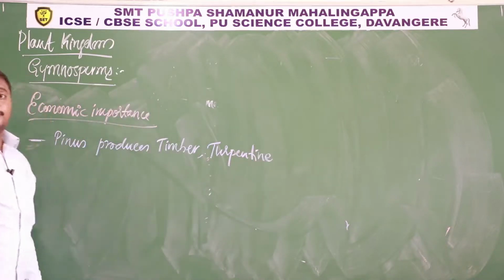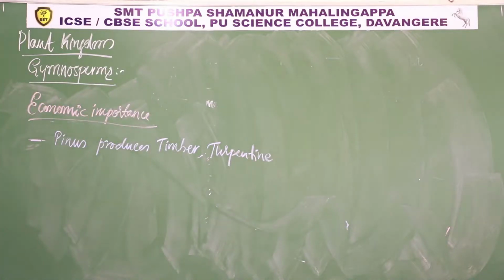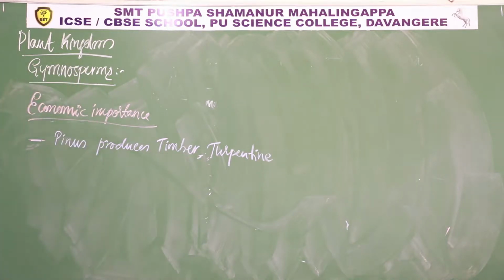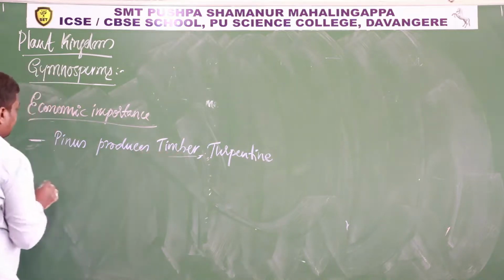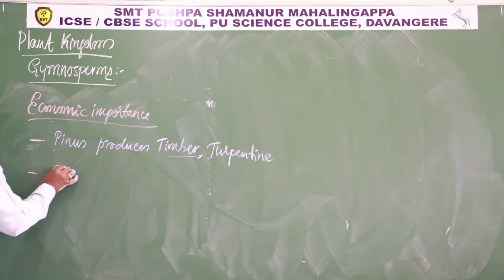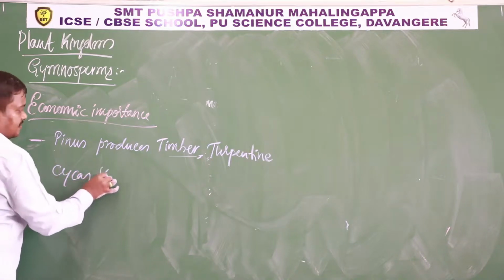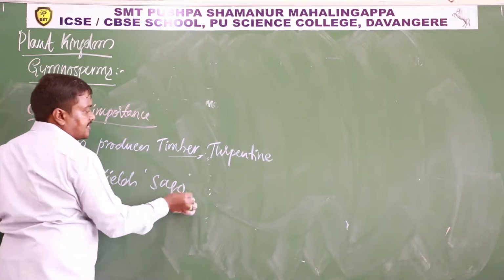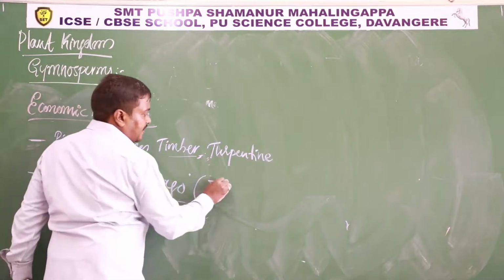Turpentine is used as varnish, and this Pinus timber is usually used to manufacture plywood. Then Cycas yields sago, which in Kannada is called sabbakki.